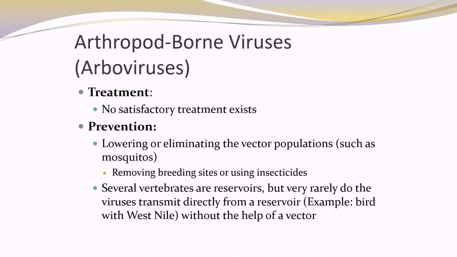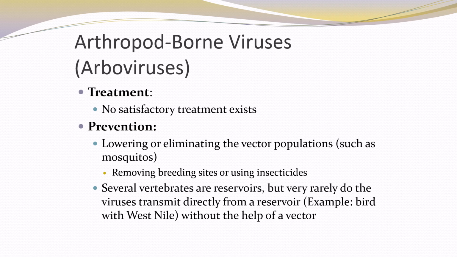Unfortunately, there's not a whole lot of treatment that exists for these types of viruses. It's essentially just make the patient comfortable. Prevention is going to be the biggest point of attack that we can have against arboviruses.